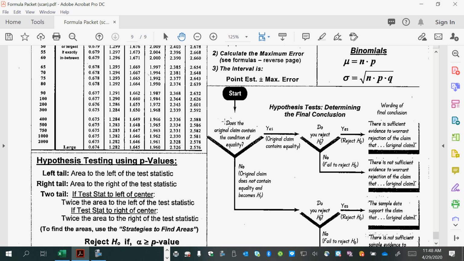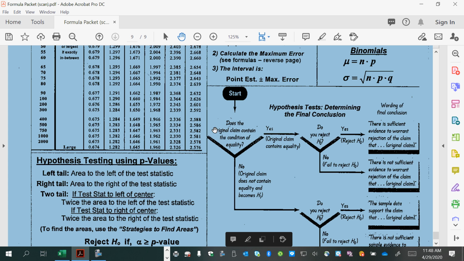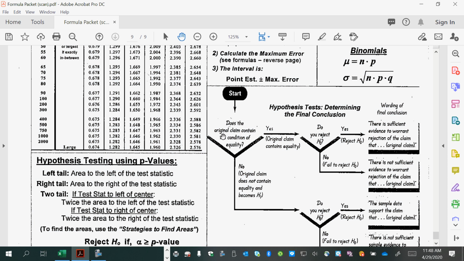The claim was that the proportion was equal to 4/7. So because there was equality in the claim, we will answer yes to this question. Do we reject the null hypothesis? No, we failed to reject. Therefore, our conclusion should say something like there is not sufficient evidence to warrant rejection of the claim.